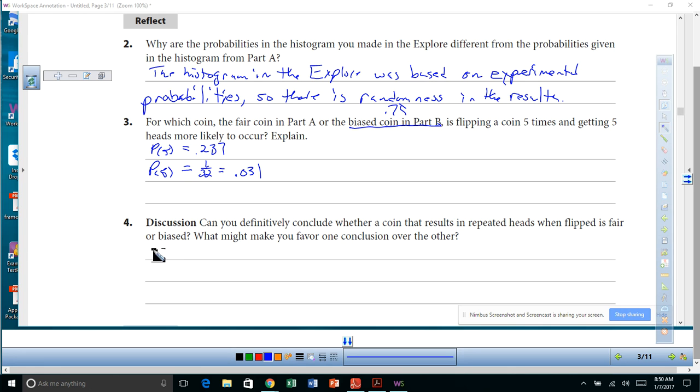So assume the coin is fair. Now, if you do, we'll say like 10 trials, and 7 or 8 result in 5 heads, then it's highly likely that coin is biased.